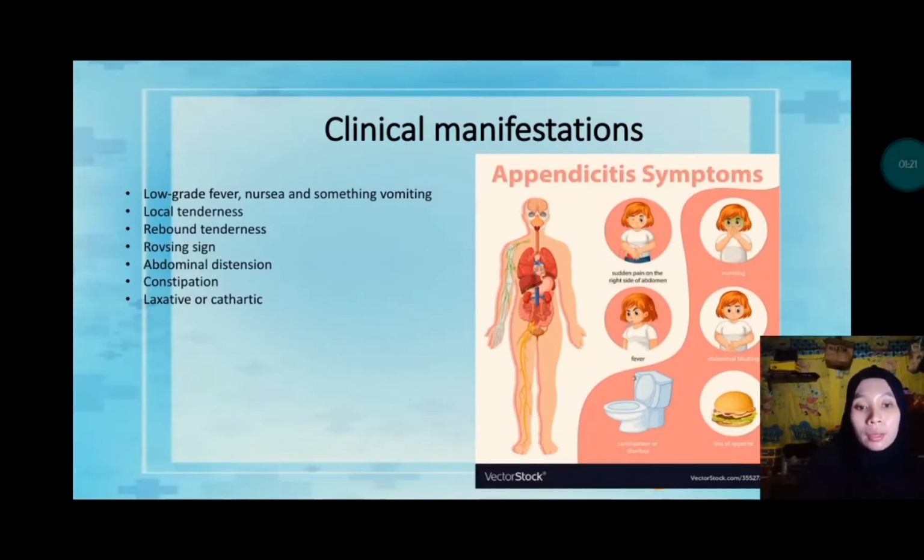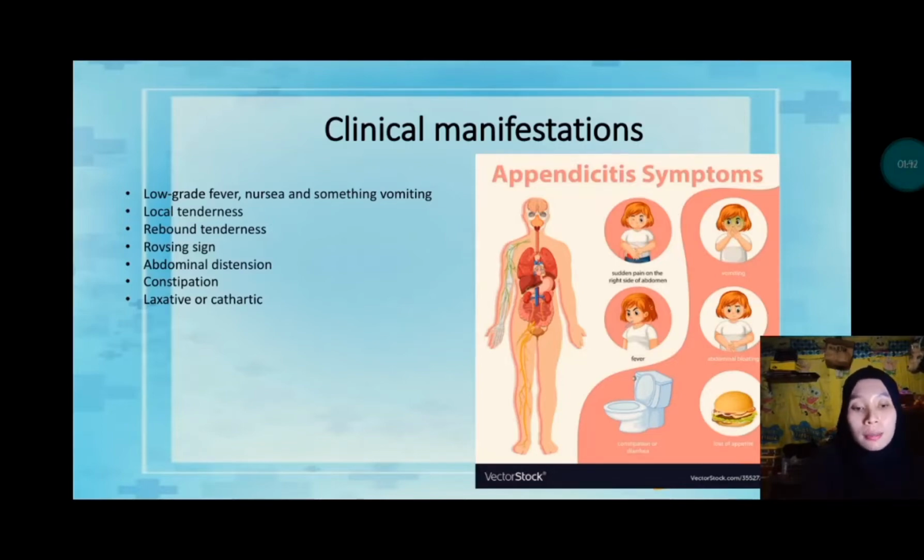Then, if the appendix has ruptured, the pain becomes constant with peritonitis. So abdominal distension develops as a result of paralytic ileus, and the patient's condition worsens.